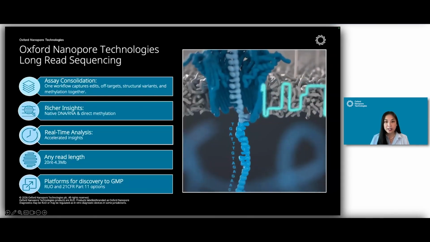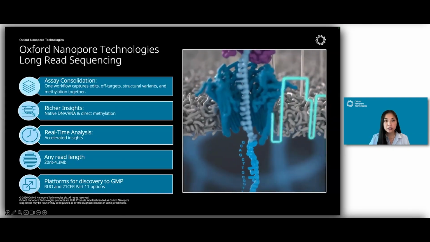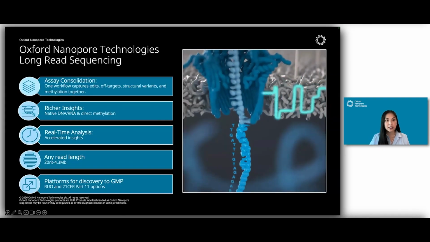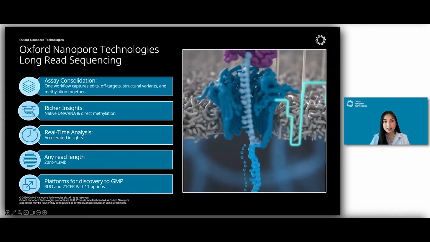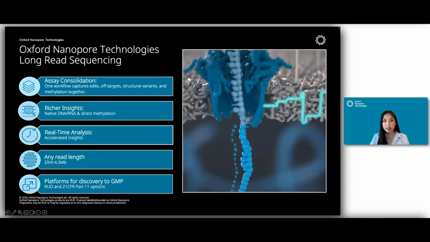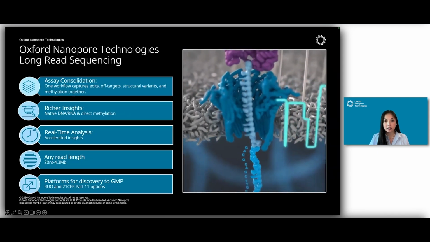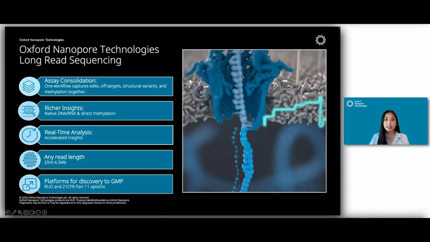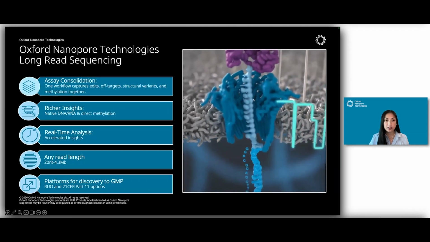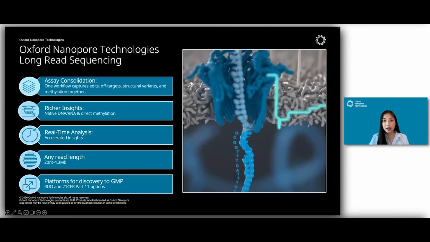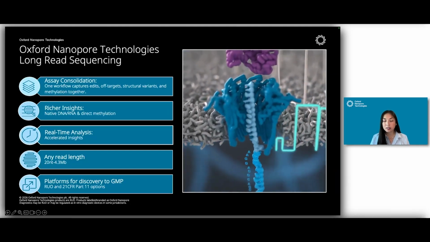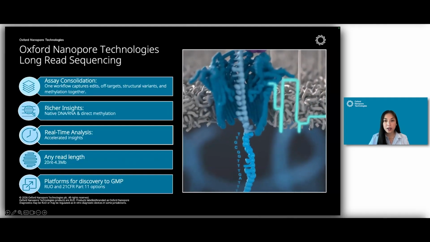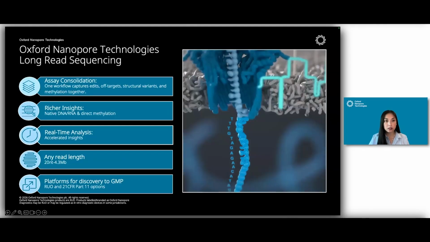So what does all of that nanopore sequencing background mean for you? It means we can consolidate the assay into one workflow, capturing edits, off targets, structural variation, and methylation together. You get richer insights because you're able to capture the native DNA and the RNA as opposed to the synthesized complementary strand that belongs to each of those molecules.